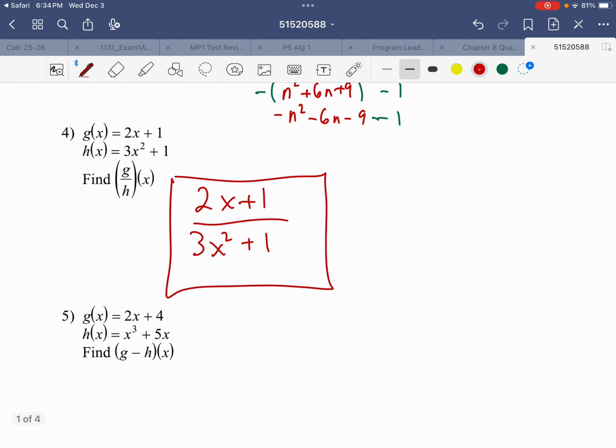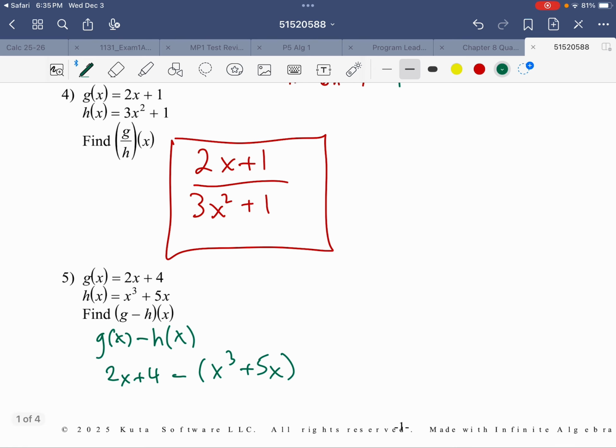Be careful for these next ones, like g minus h of x. We just got to watch out for the negative that we're subtracting. So 2x plus 4 minus, then this is going to be x cubed plus 5x. When we're taking this away, we want to change the sign of both x cubed and the 5x. So 2x plus 4 minus x cubed minus 5x.